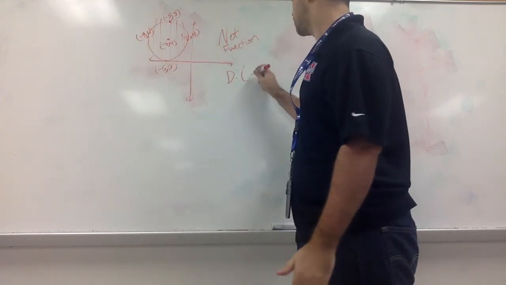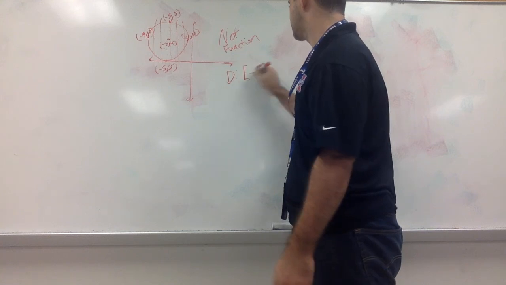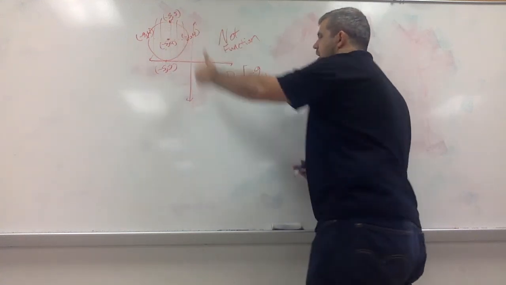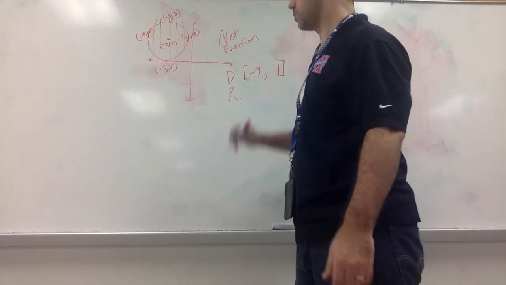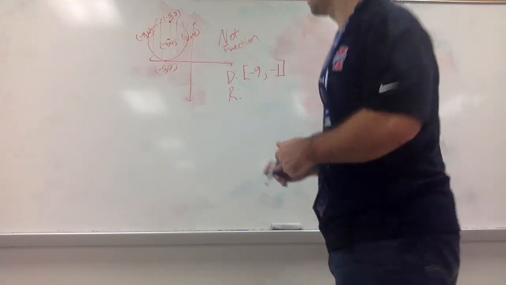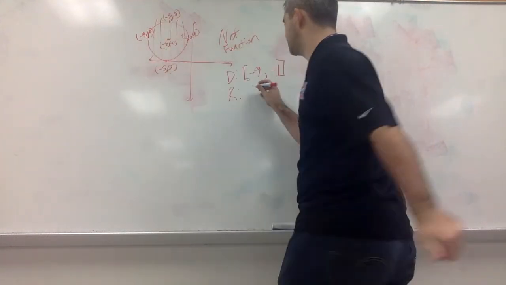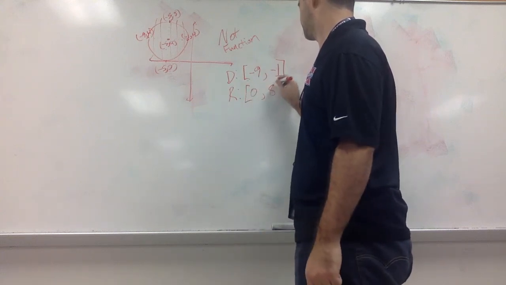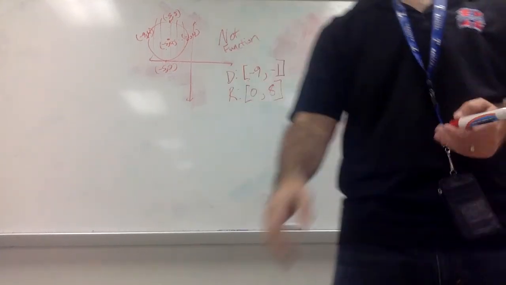Well, we can go to negative 9, and we actually hit negative 9, so we need braces there. How far can we go to the right? Negative 1. And our range, we go from 0 to 8. So that's our domain and range.